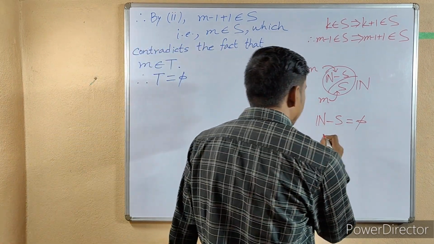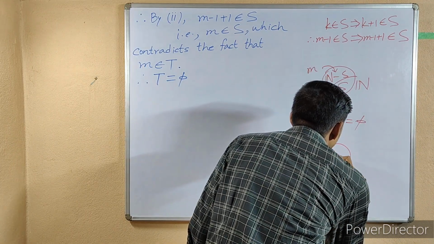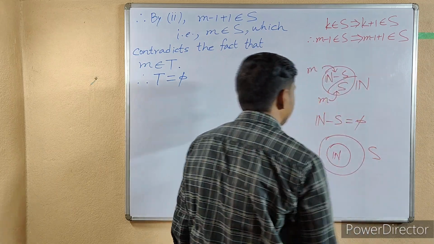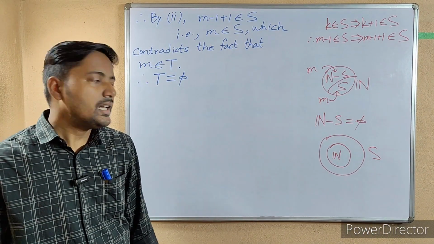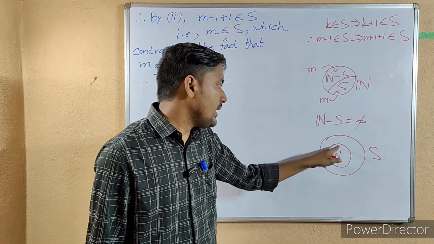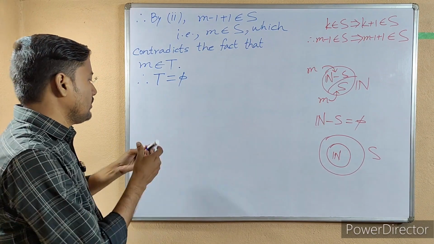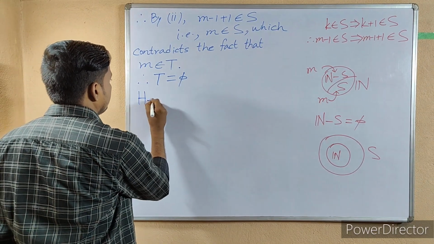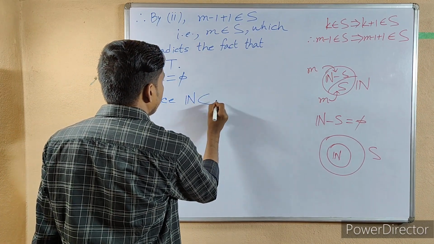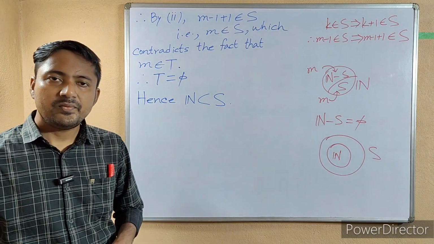So n and S look like this. Suppose this is n and this is S. Clearly, n is contained in S. That is, n is a subset of S. Clear?